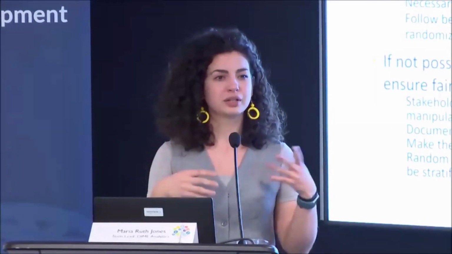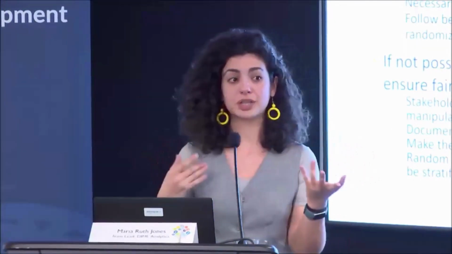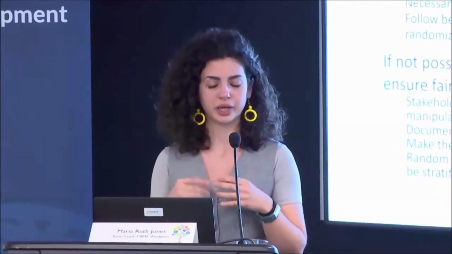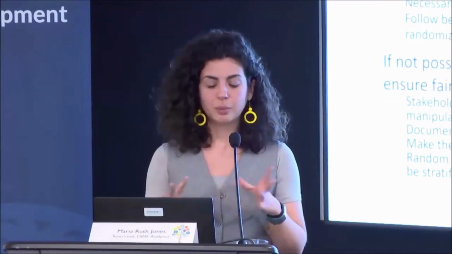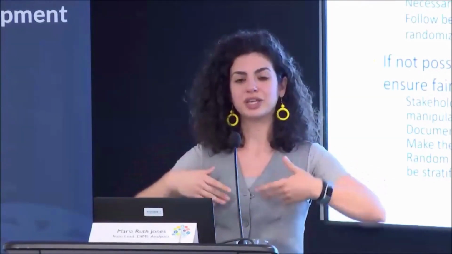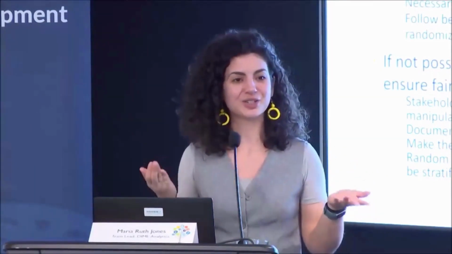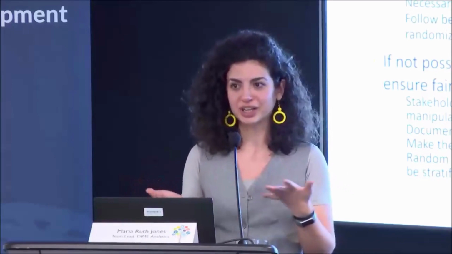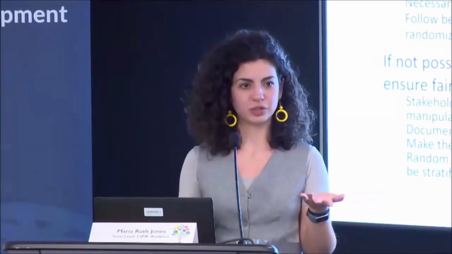There are a lot of different statistical procedures that cannot be implemented if we're doing a field randomization. But what's important is to make sure that we can communicate the certainty that there was no tampering in the outcomes that we're observing.